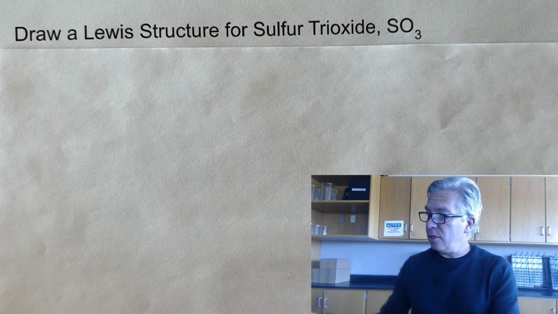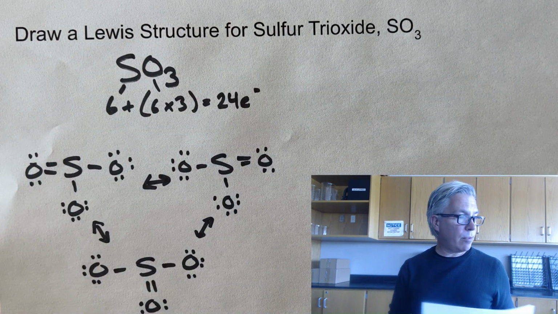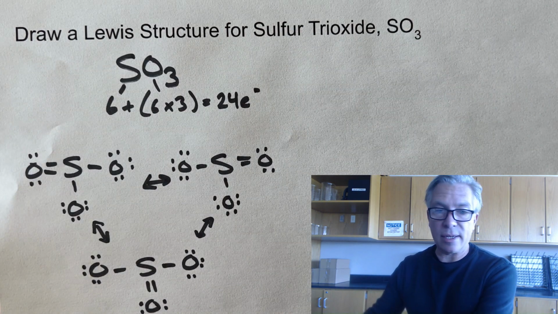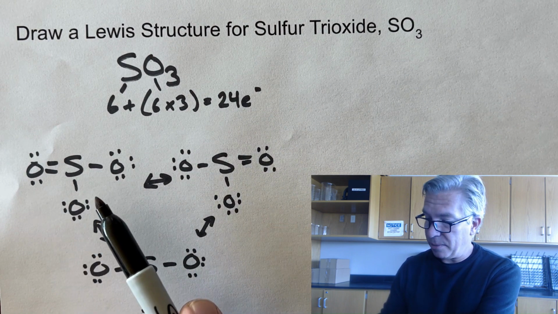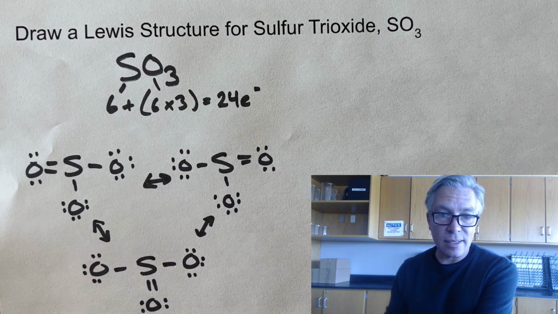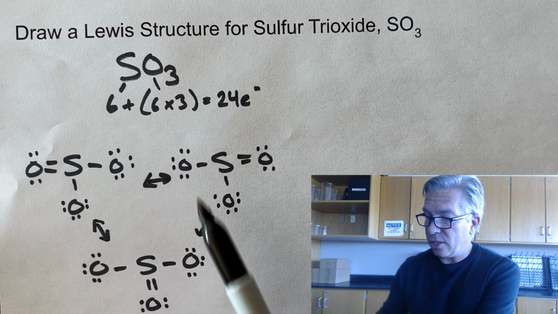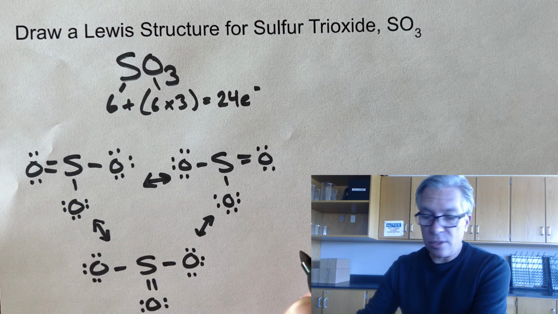Okay, if you were able to do it, then congratulations on finding out that there are 3 resonance forms of sulfur trioxide, because with 24 electrons scattered around 4 atoms, you need a double bond somewhere, and there are 3 identical places that you can put it. So you should have the 3 SO3 Lewis structures as the resonance forms of that.